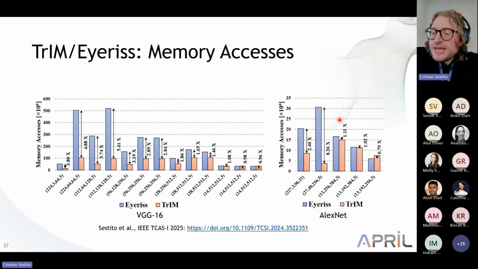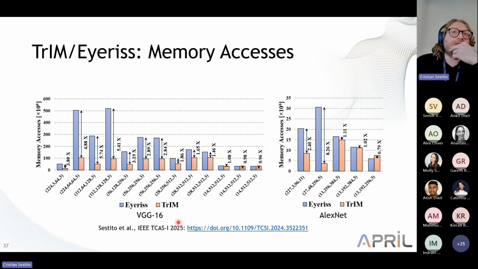Now, in order to actually confirm the claim that we made at the beginning, that we defined a systolic array able to reduce the number of memory accesses, we did some comparison with the state of the art. In particular, we considered as a case study the Eyeriss systolic array, which was related to the row stationary dataflow. So we're considering 2 different case scenarios.